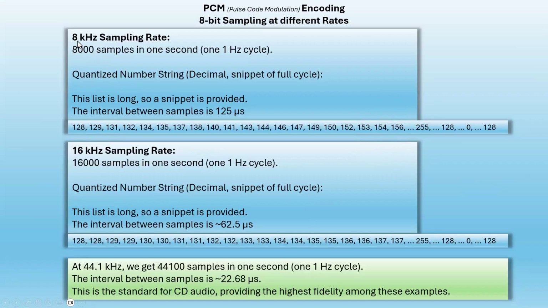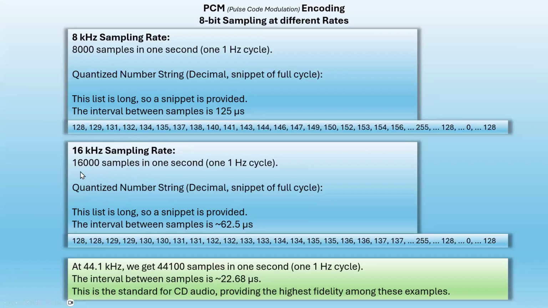Now, quantized, okay, so 8 kilohertz will give you 8,000 samples. 16 kilohertz sampling rate is going to give you 16,000 samples per 1 second. And for 8 kilohertz, the interval between the samples is going to be 125 microseconds.